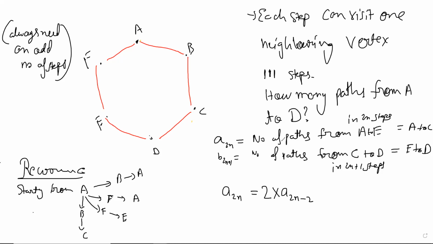But the problem is that this is wrong, because in the 2n minus 2th step, I may have just been at A. Then from A, I can just take 2 steps and go to C again. So in the 2n minus 2 steps, I may not be at C. So this is incomplete. It will be more than 2 to the power n, right? What will it be? How do you set up the recurrence?